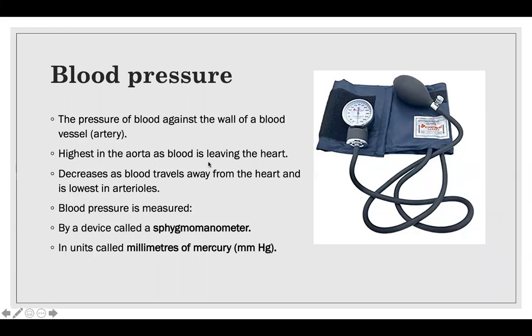So it's highest in the aorta, and as you get further away from the heart, it decreases. In comparison to your arteries, your blood pressure is lower in your arterioles, and even lower in your capillaries, because once you reach the capillary level, you want things to slow down so that materials are able to pass in and out of your blood vessels into your tissues.